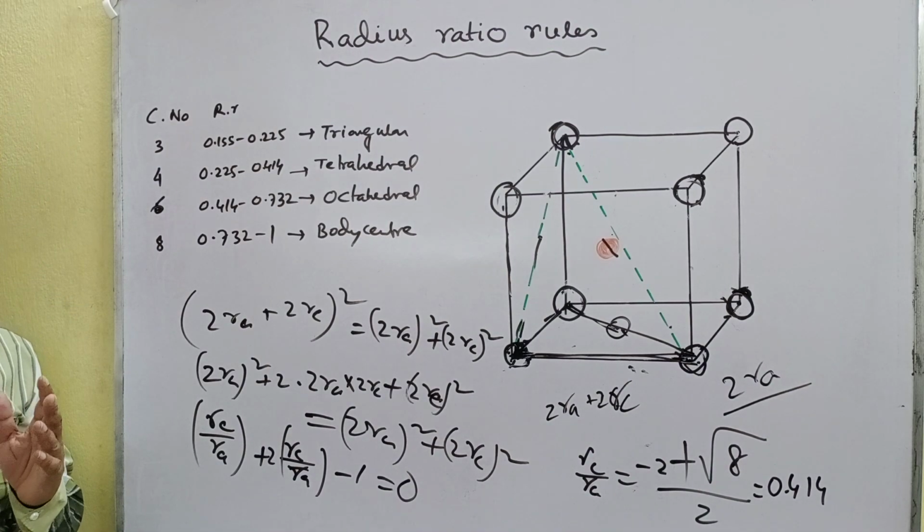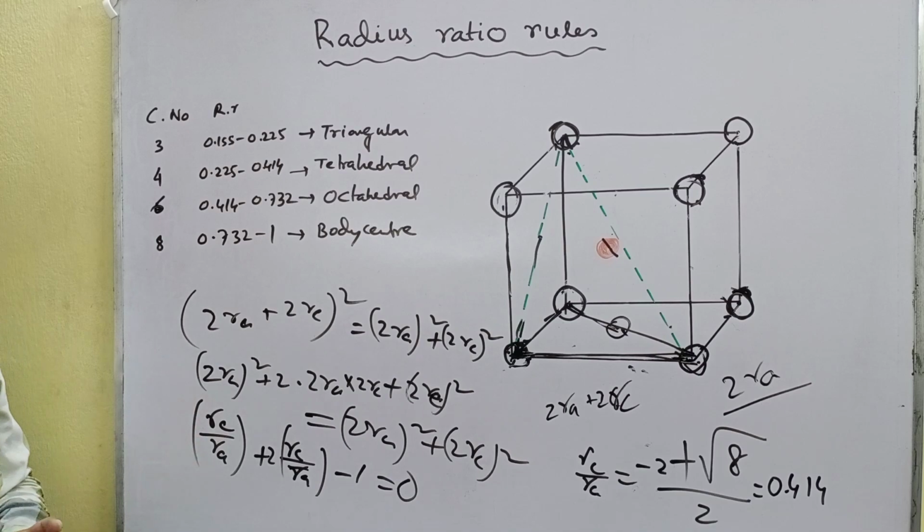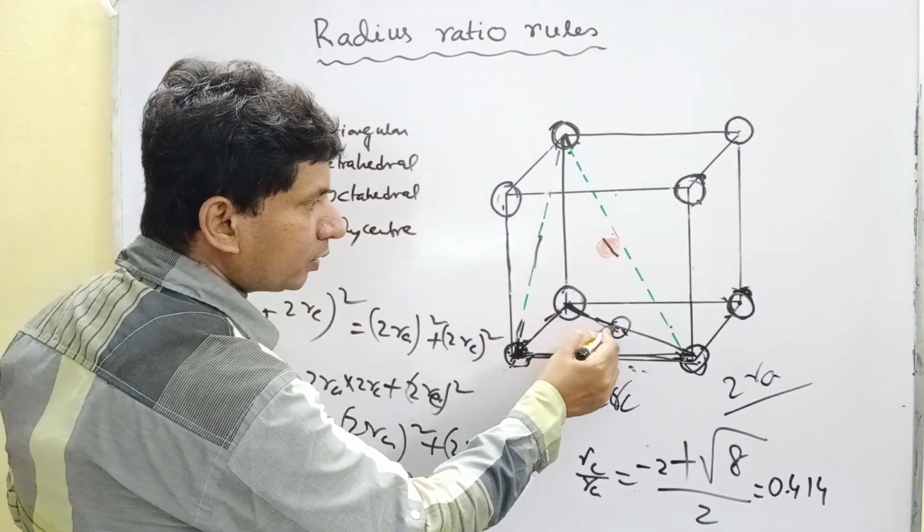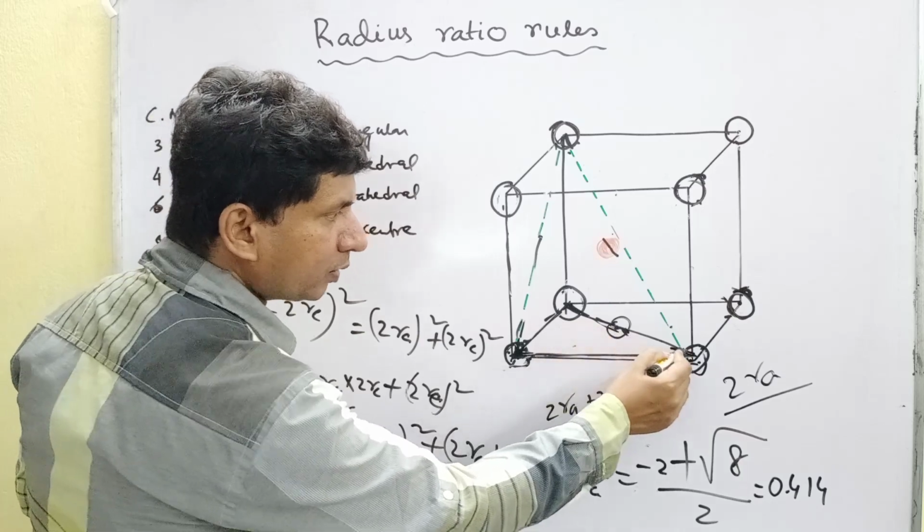Okay, so what is this? It is RA plus RC plus RC plus RA.